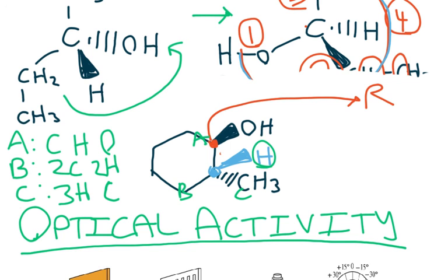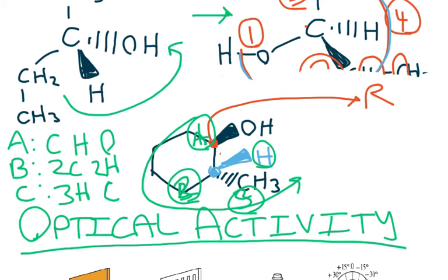So actually we've ordered them perfectly. So A is 1, B is 2, and C is 3. And we're going to draw our line from 1, 2, 3, and that is counterclockwise. So we would term it S, right?